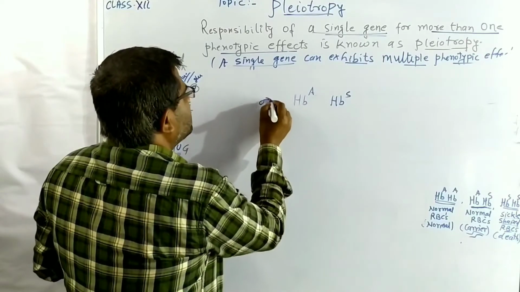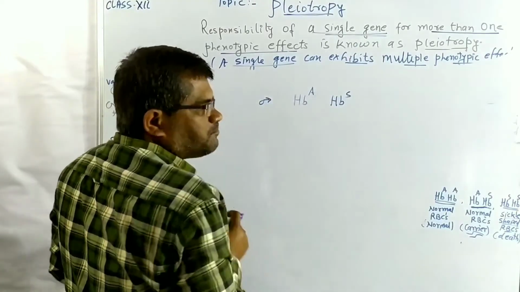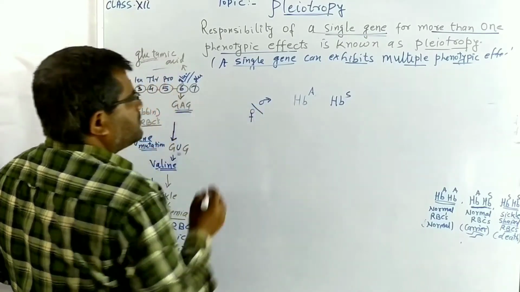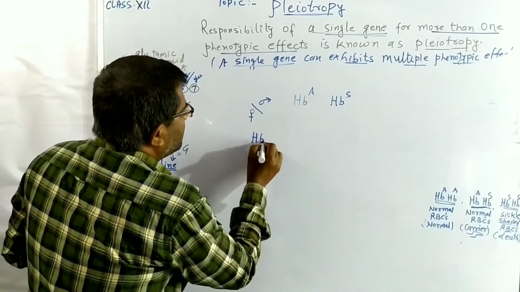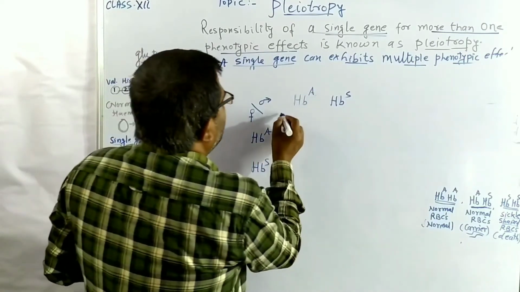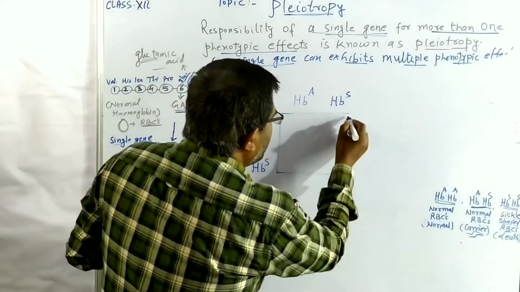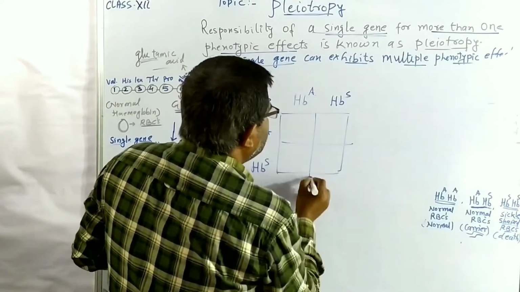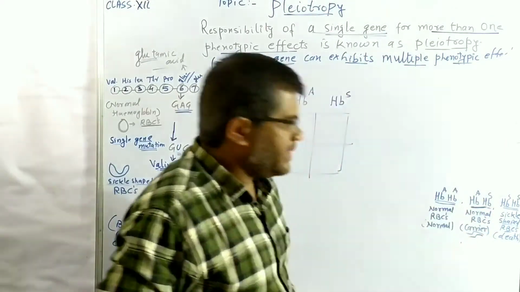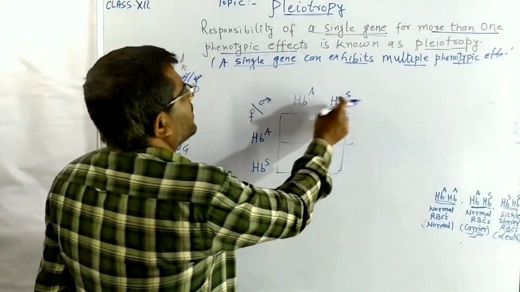I am taking this as the father. Two alleles are there, and another parent is the mother. She is also having HbA and HbS. It means I have taken father in the heterozygous condition as well as mother also heterozygous, and both are carriers.